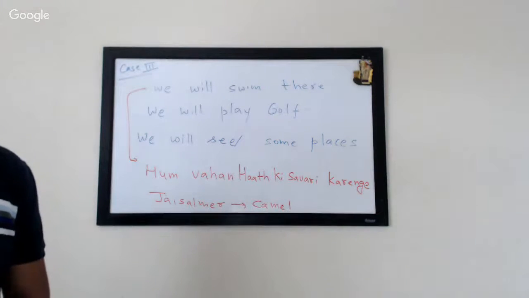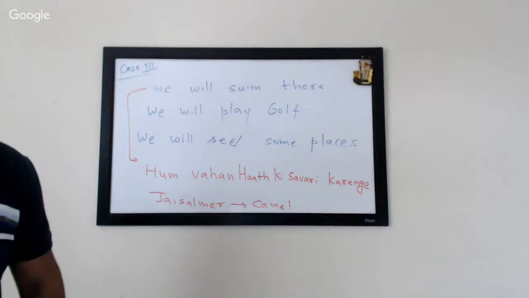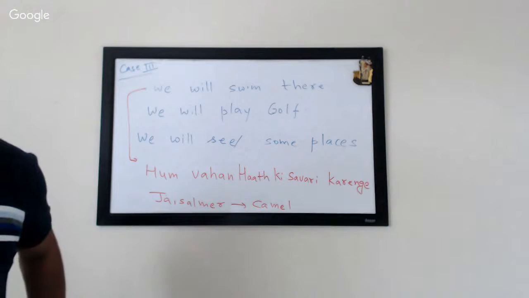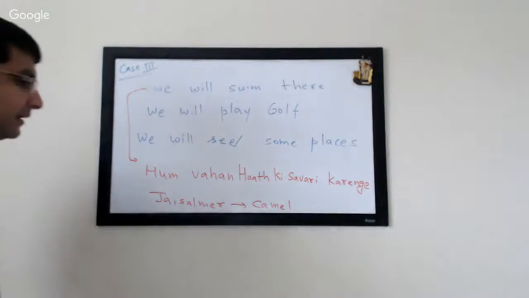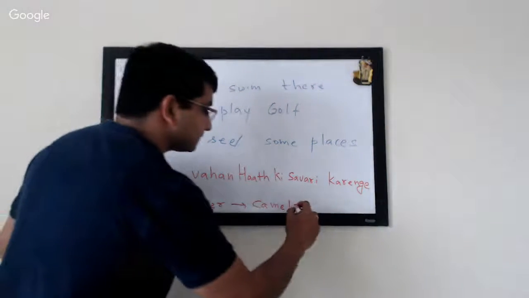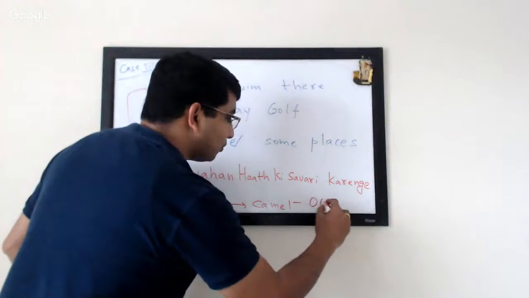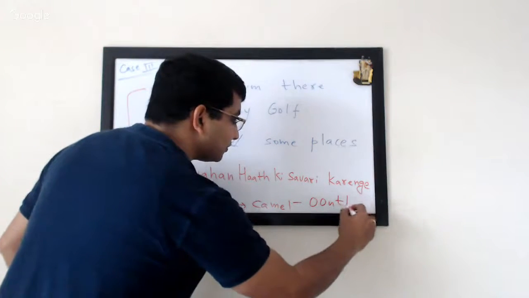Anyone remember how to use the formula? Okay, हम वहाँ camel की सवारी करेंगे. Very good. So camel is oont. Think of it as OONTH, oont.